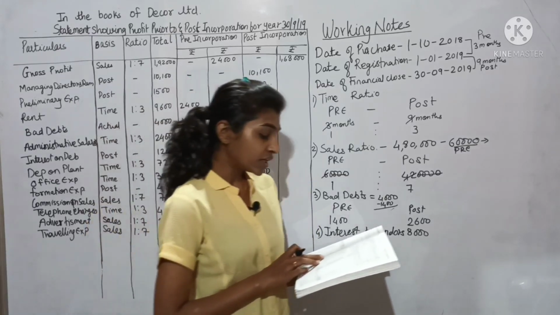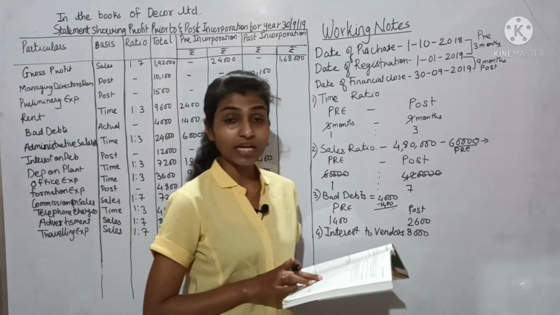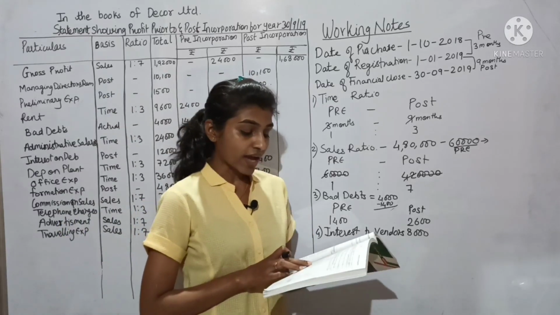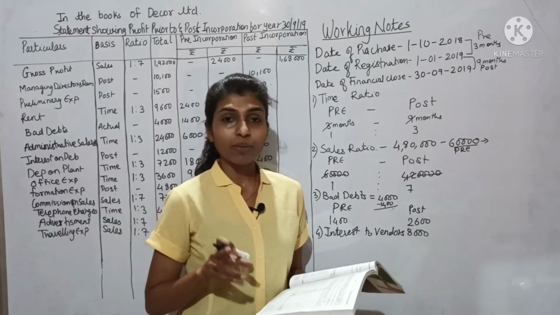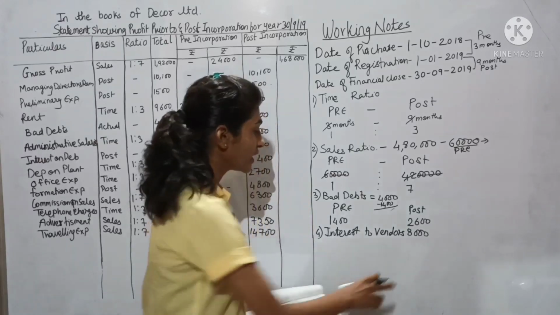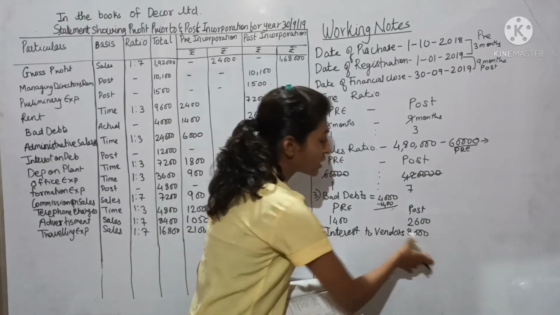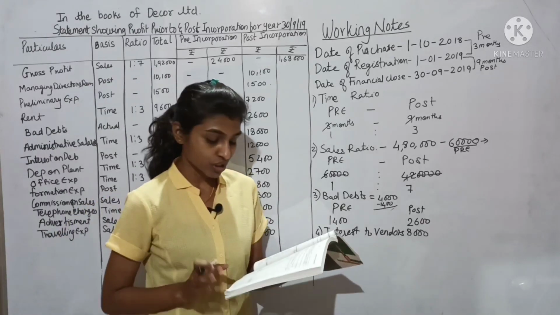Okay, so the interest to vendor will be what? 8,000, because 2 lakh rupees multiplied by 6 divided by 100 multiplied by 8 divided by 12 months gives the interest to vendor of 8,000. And this 8,000 we have to distribute in pre-incorporation and post-incorporation.